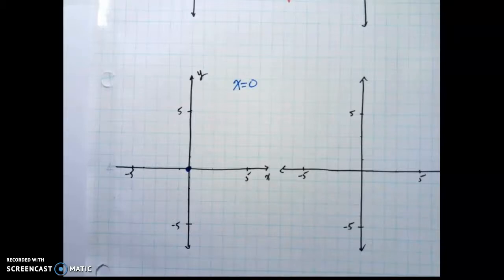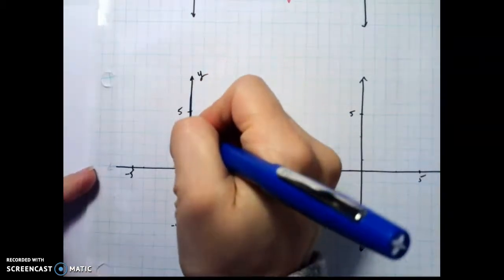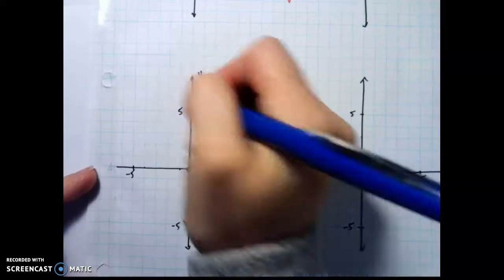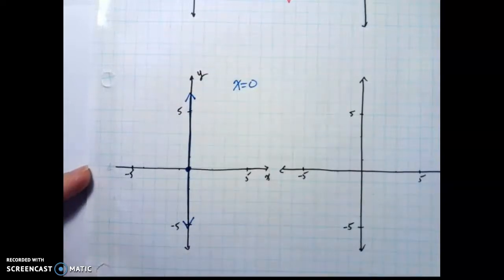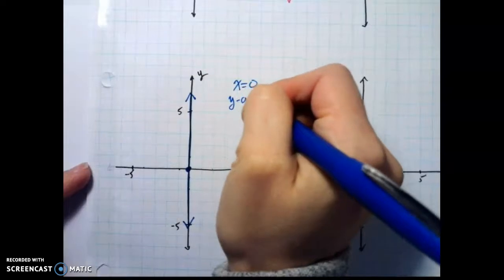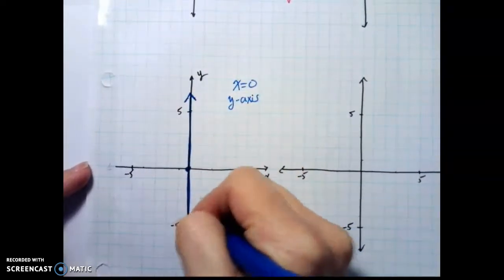But remember, x equals is a vertical line, so I'm going to draw a vertical line right through that point. This is one of the few times that we are drawing a line that maps right onto one of the axes. So x equals 0 is the equation for the y-axis. It's this line that goes right over the y-axis.